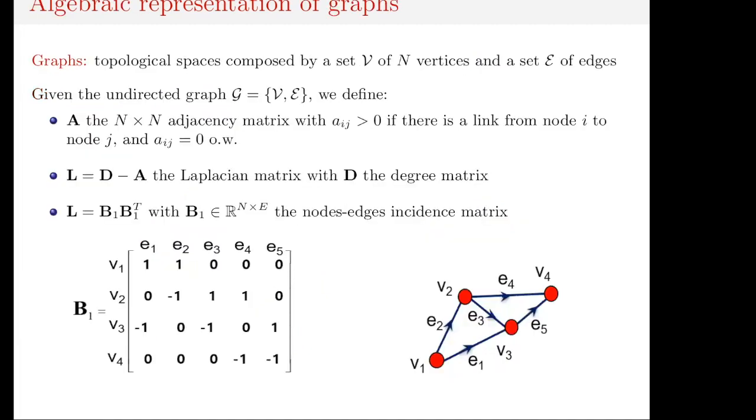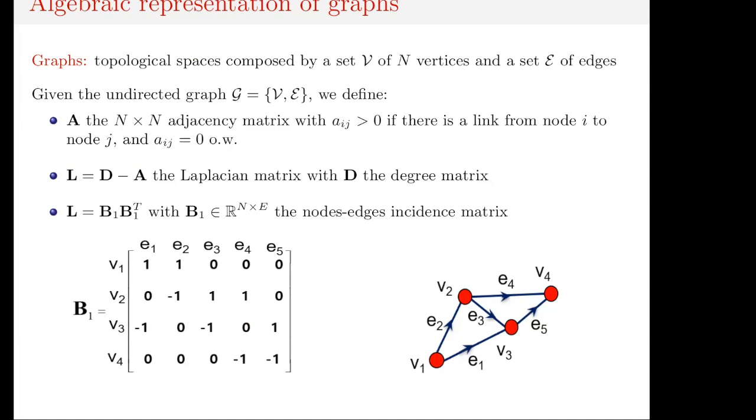If we have a graph, we need to define signal processing on a graph. We need an algebraic representation of the domain. We can exploit algebraic topology. We have the Laplacian matrix, which can be represented as L = D - A, where D is the degree matrix, the matrix with the degrees of the nodes on the diagonal, and A is the adjacency matrix.